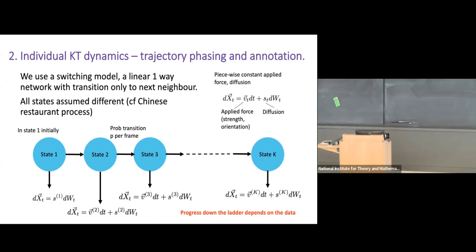What we're saying is a diffusion model, and the reason you change state is that either the noise or the applied force changes direction or strength. So the data will dictate how far it goes down this sequence, how many states it wants to use.